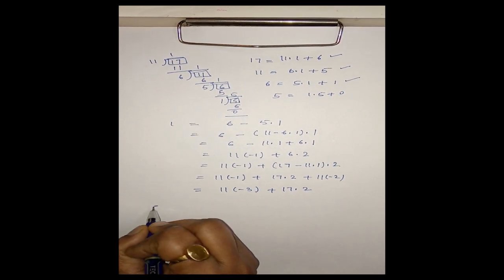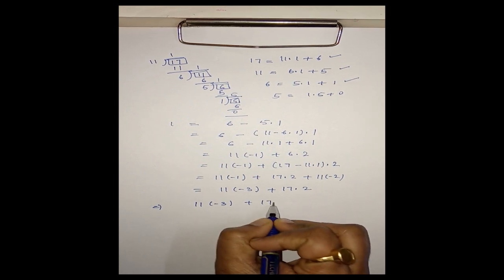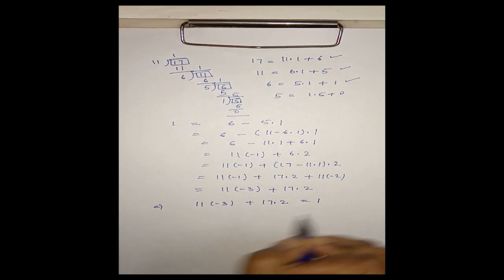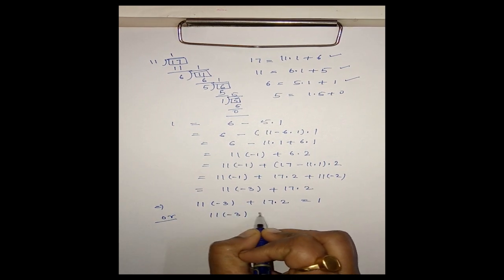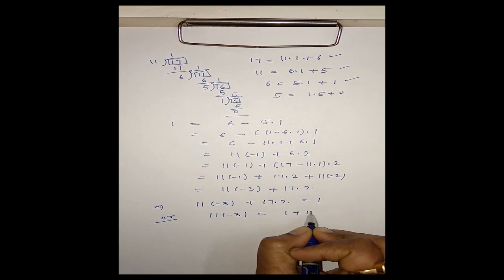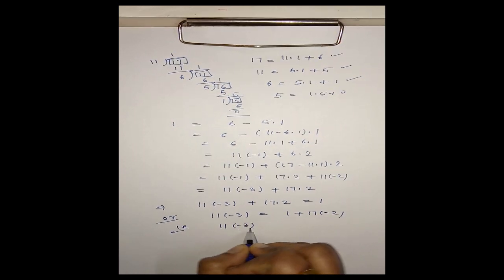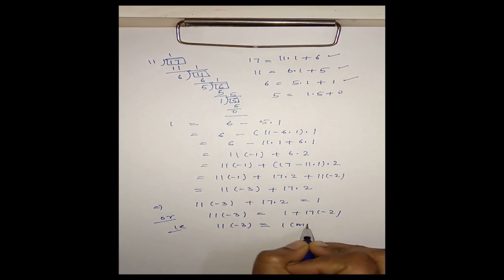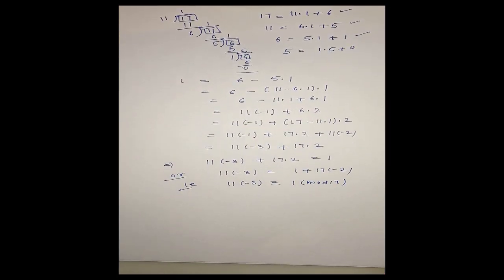Therefore, 11 into minus 3 plus 17 into 2 is equal to 1, or 11 into minus 3 is equal to 1 plus 17 into minus 2, that is 11 into minus 3 is congruent to 1 modulo 17.